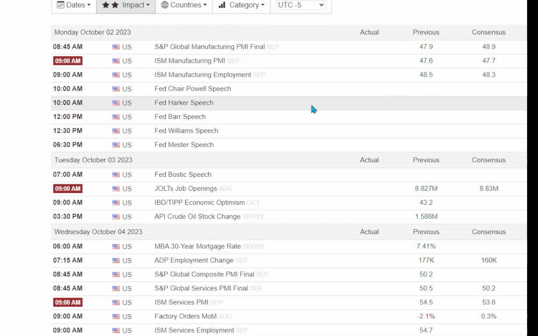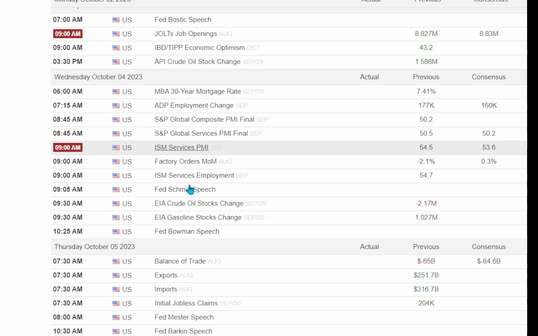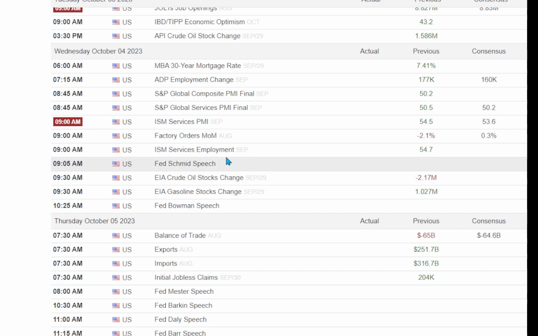A couple big data points next week. On Monday, you got manufacturing PMI. Tuesday's a big one, JOLTS, job openings. Wednesday, got some composite and services PMI, the ISM services PMI, factory orders, and employment.